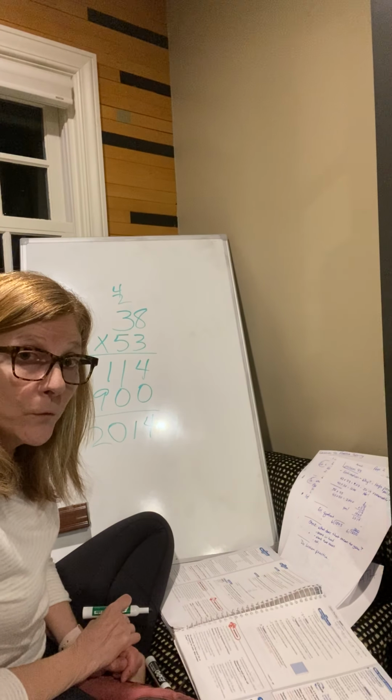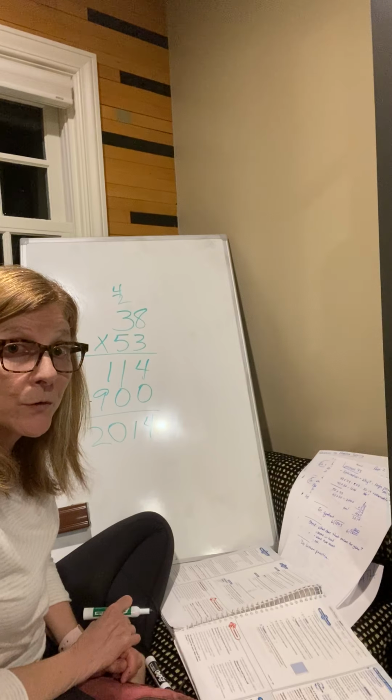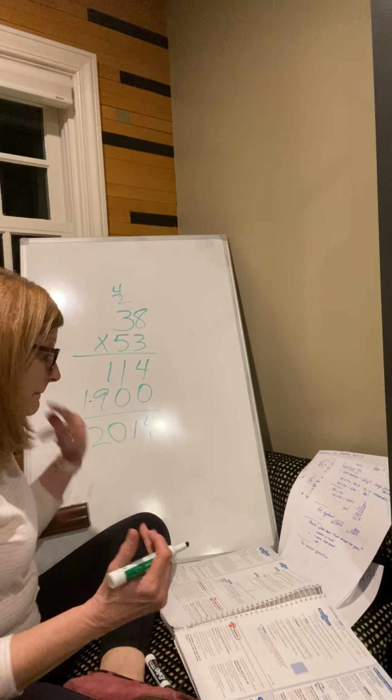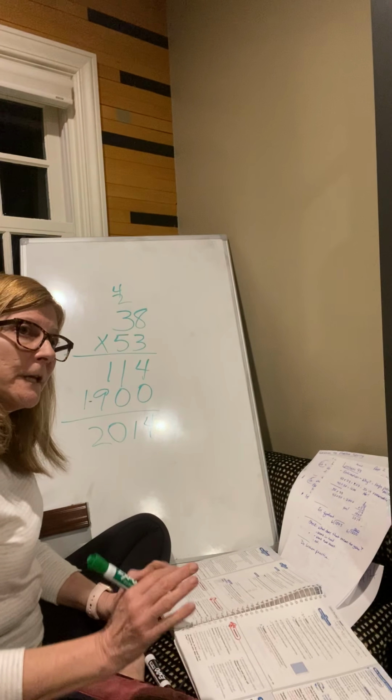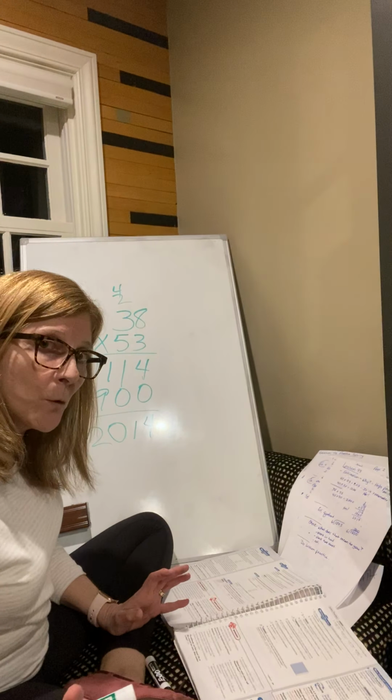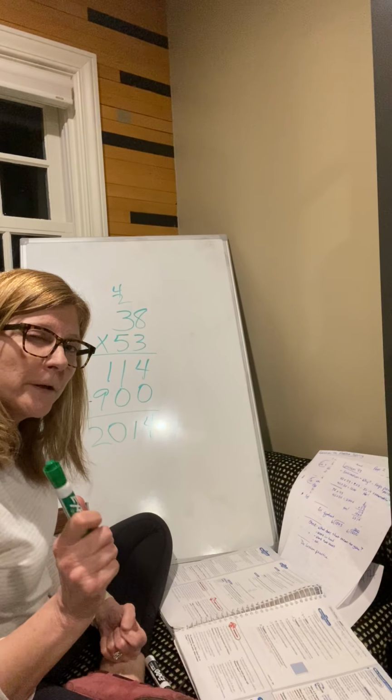I got 2014, and that is pretty close to 2000. So that was a great estimate, right? Okay, so I think you guys, we've done that before. We're practicing. I want you to think about this.